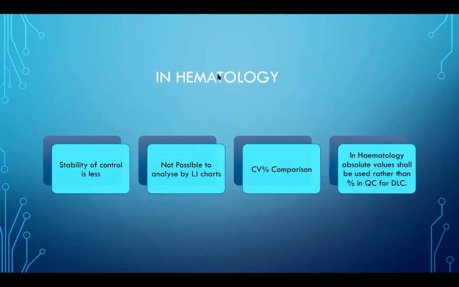Okay. Now, Zarif, what is your opinion about hematology control? Are you facing any problem related to interpretation of results of this hematology controls? Can you plot Levey-Jennings chart for this hematology control? Yes, we are using moving average also for the hematology.